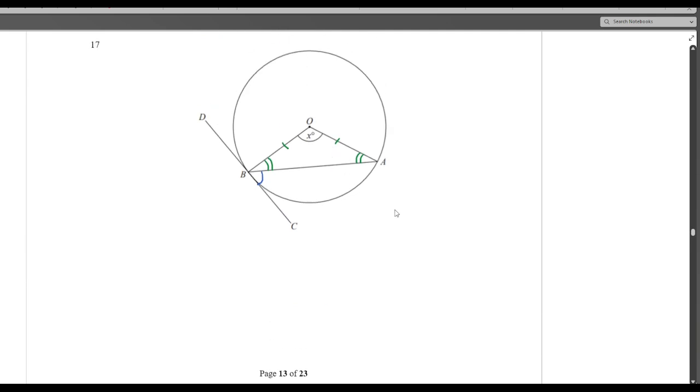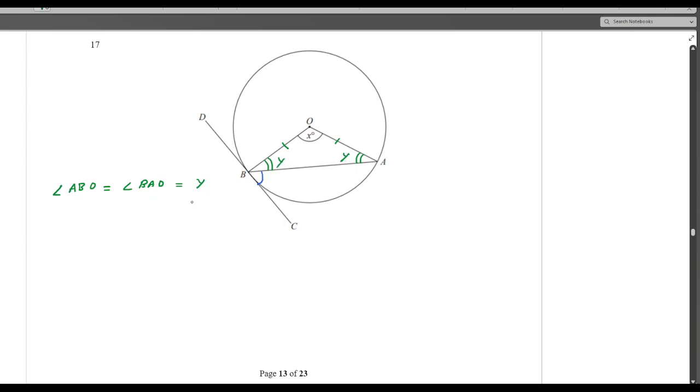So you can say that angle ABO is equal to angle BAO, which is equal to, let us consider, y. So this is y, this is also y.